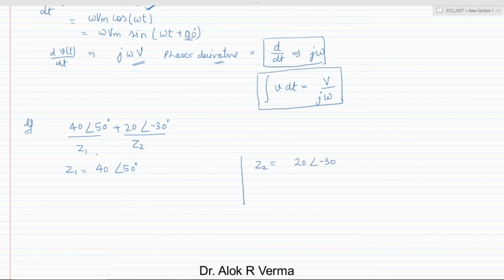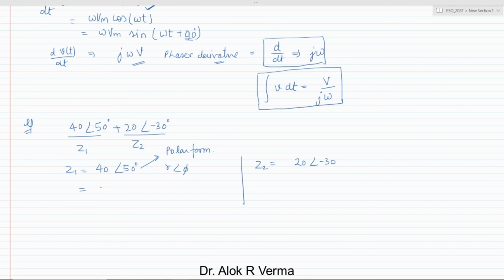Whenever we are adding two numbers, the real and imaginary components will add up together, right? So convert it; this is nothing but the polar form, r angle phi.